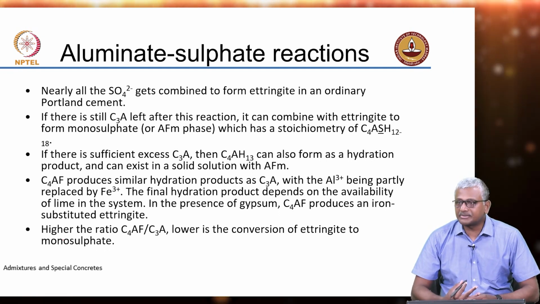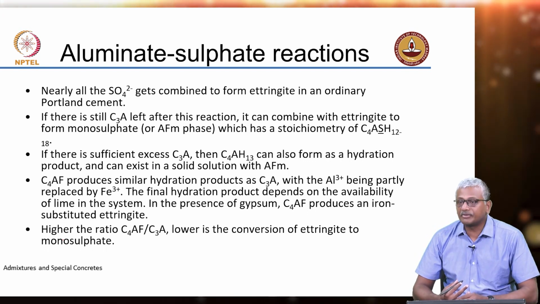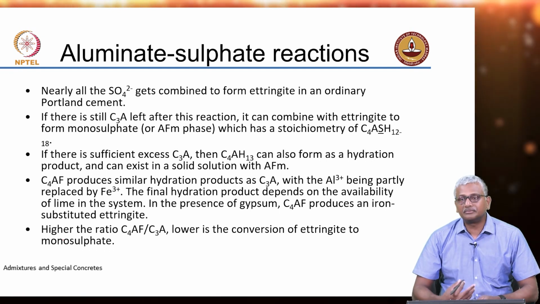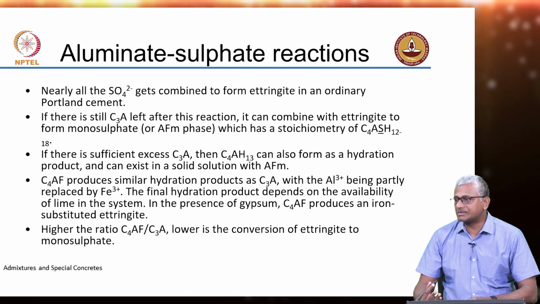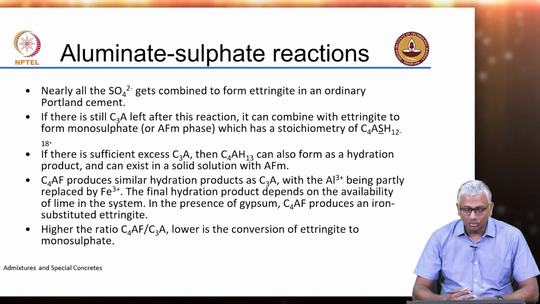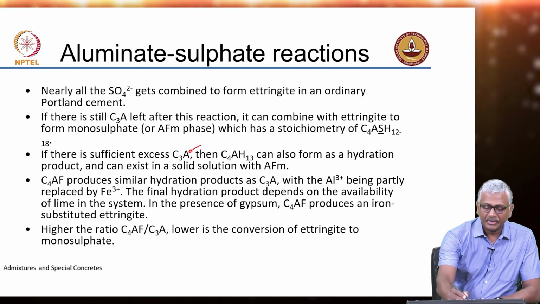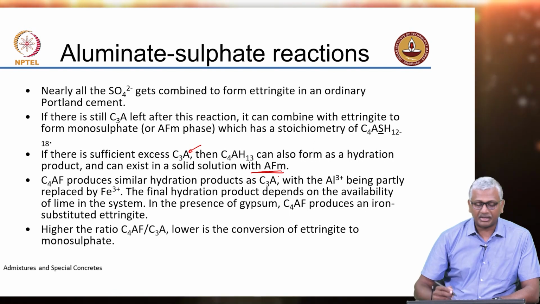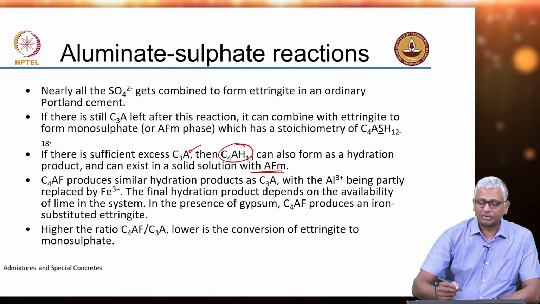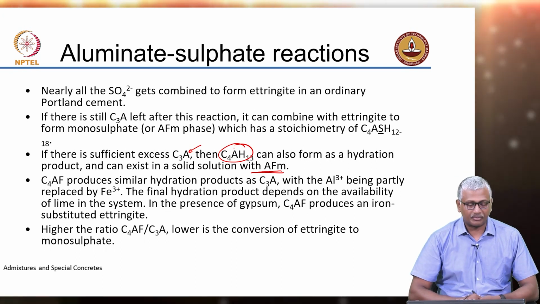Initial hydration reactions involve the combination of C3A with the sulphate in the presence of water to start forming ettringite, and in the normal cases where there is an excess of aluminate present, this ettringite slowly gets converted to monosulphate, right. So, if there is sufficient excess C3A, then your final product becomes AFm, and sometimes you also have other calcium aluminate hydrates that can form as a hydration product and exist in a solid solution form.